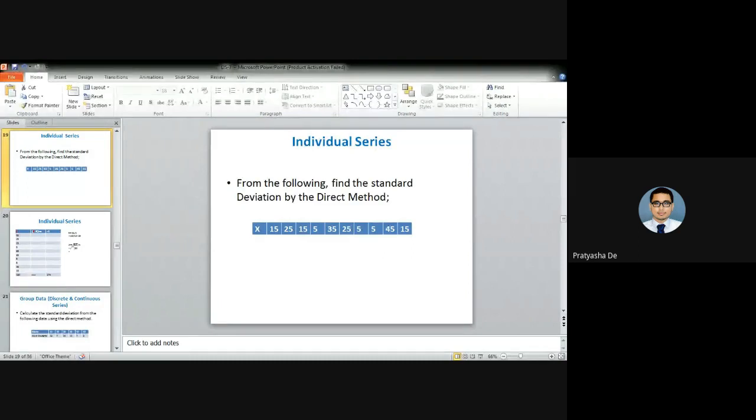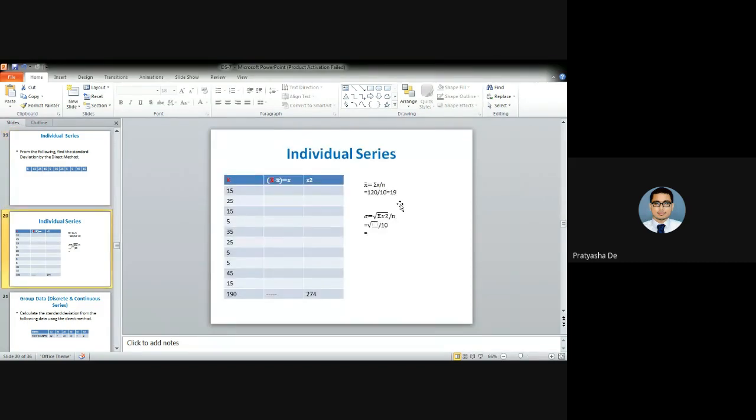Rakesh Maharana, the value of mean here? Okay, getting the mean value 19.